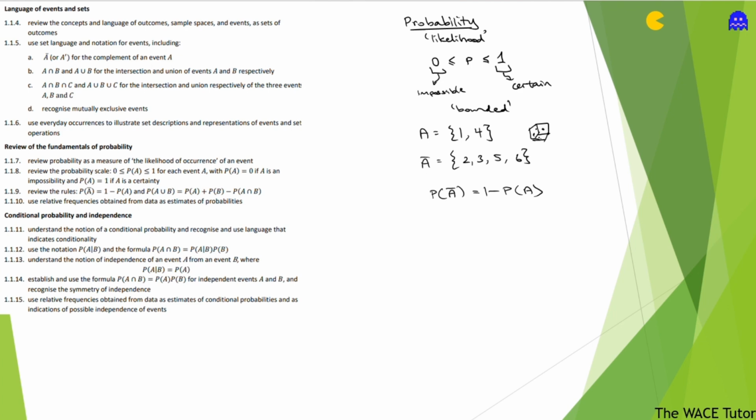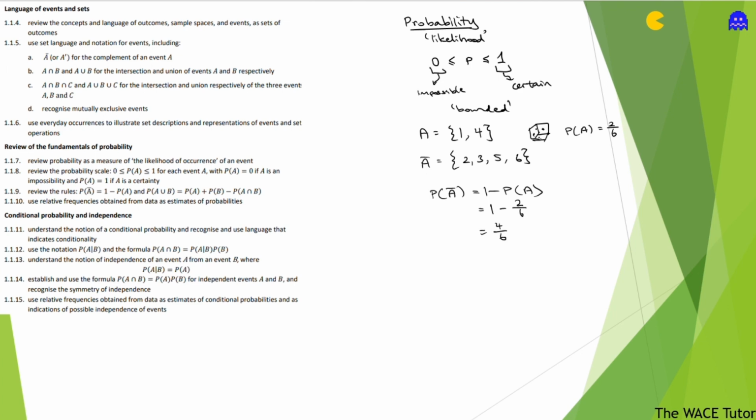So let's say we have our six-sided dice and it is a perfectly fair six-sided dice. Then the probability that we roll a 1 or a 4 is equal to 2/6. Probability of A equals 2/6. Therefore, the probability of A bar is equal to 1 minus 2/6, or 4/6.